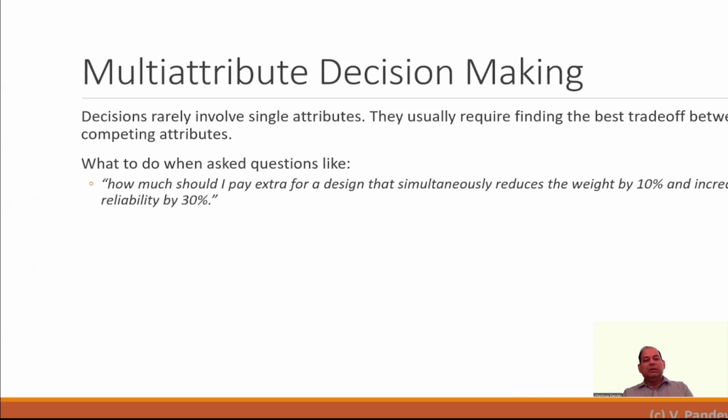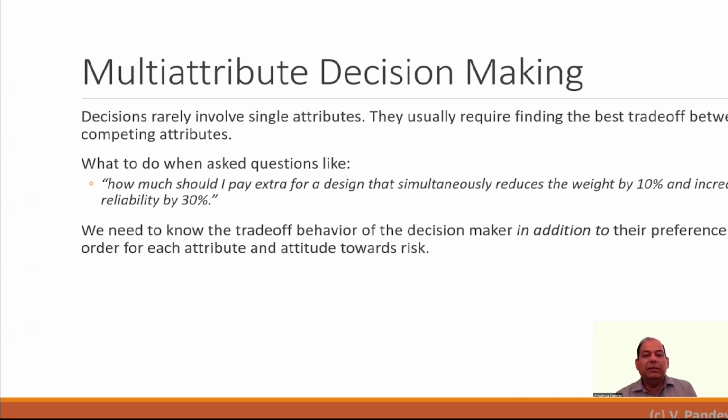So the question that we would like to answer is, how much should I pay extra for a design that simultaneously reduces weight by 10% and increases reliability by 30%? So three things are happening. There's cost as an attribute, there's the weight of the part as an attribute, and also reliability of the part as an attribute. And they're simultaneously changing. How much extra in money for this much reduction in weight, for this much increase in reliability?